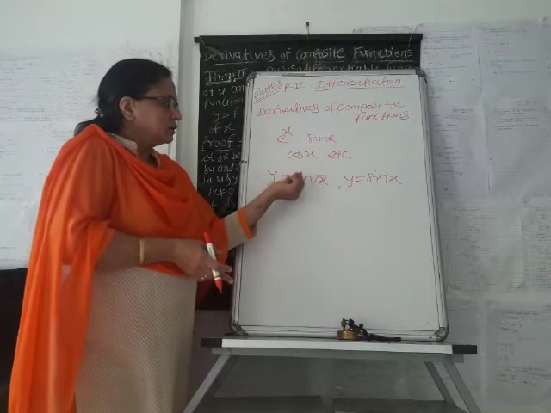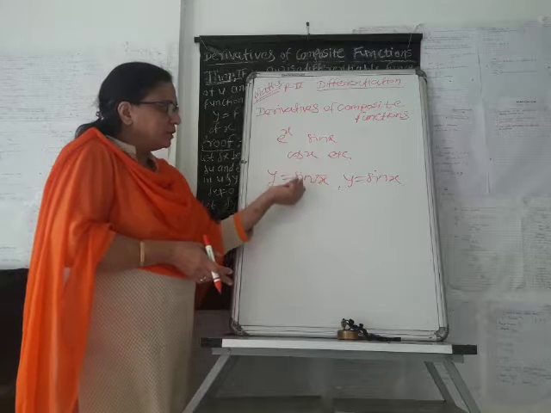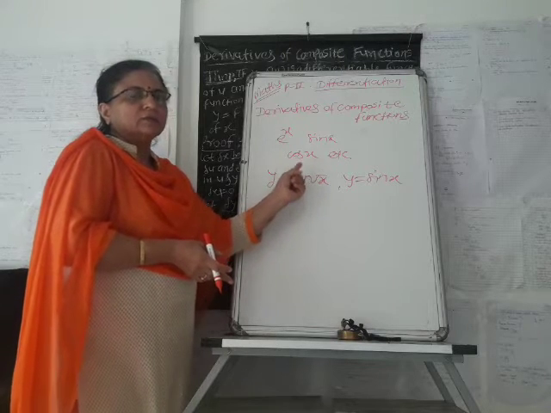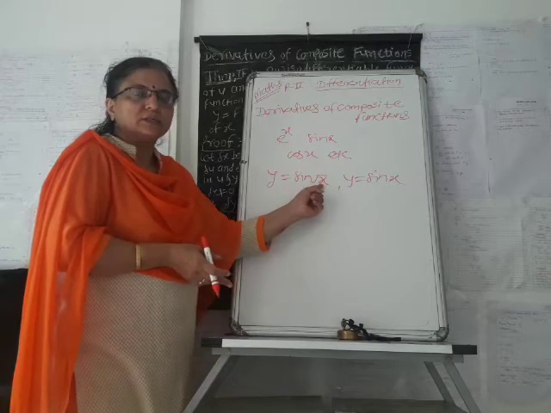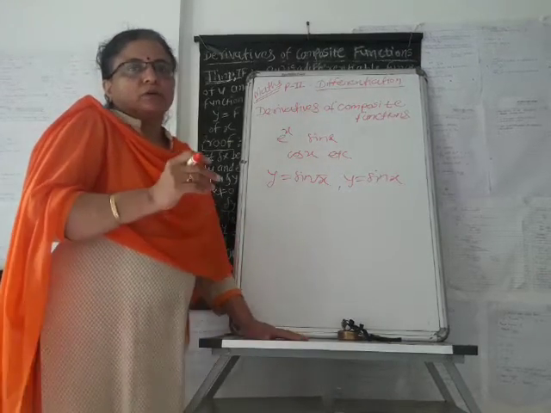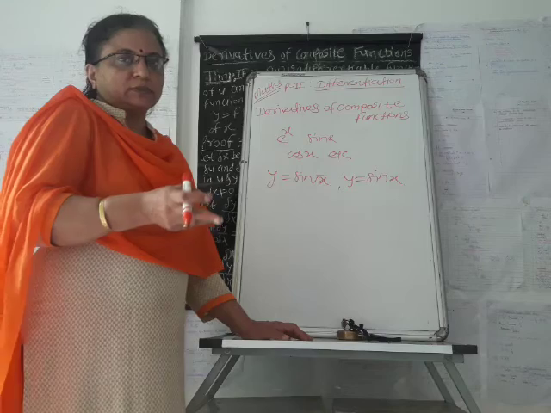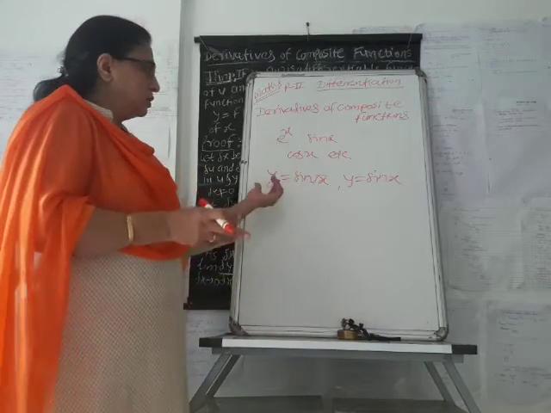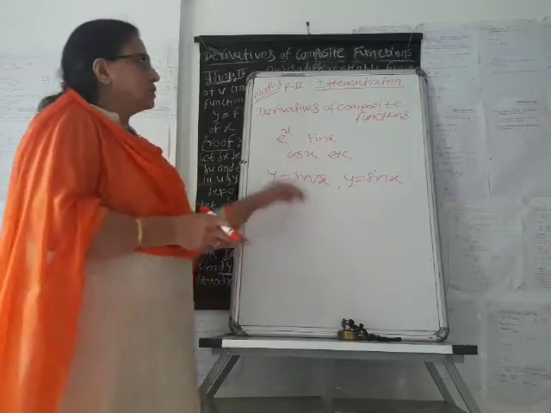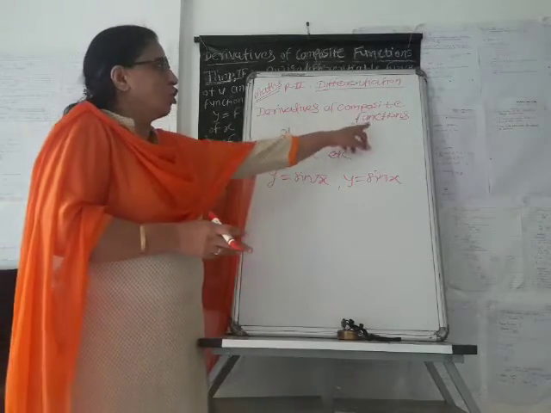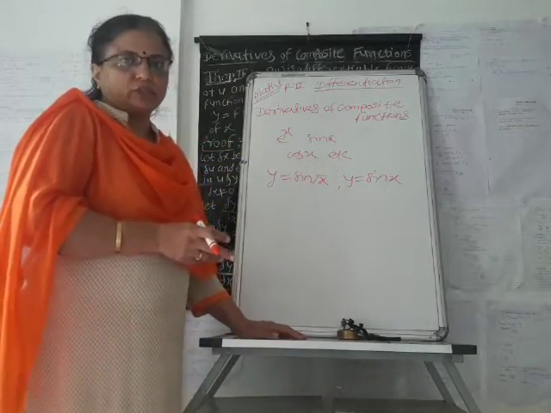So here first we find the derivative of sine, then we find the derivative of under root x. That means here we find the derivative two times. So it is called the derivative of a function of a function, and such a function is called a composite function.